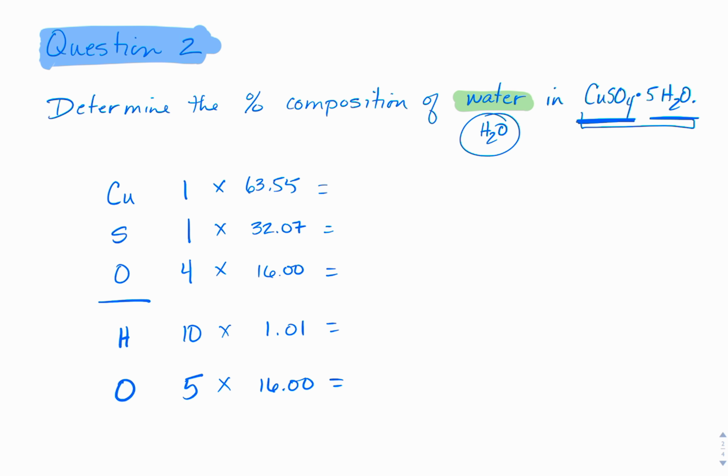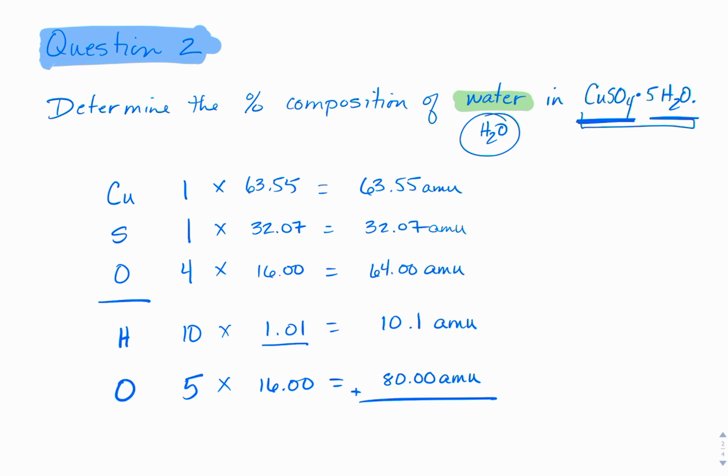And then we're going to sum up for each element the total amount. So for copper, this still ends up being 63.55 AMUs. Sulfur, 32.07 AMUs. And then for oxygen of the copper 2 sulfate, it is 64.00 AMUs. Hydrogen, because this is 3 sig figs, we will put that as 10.1 AMUs. And then for oxygen in the waters, all the oxygen in the waters, it ends up being 80.00 AMUs.